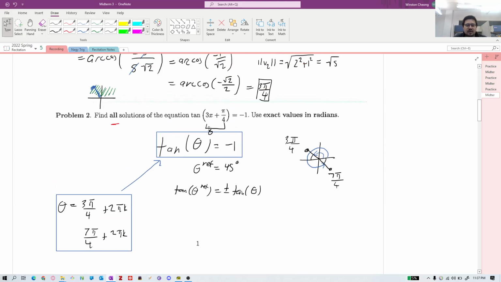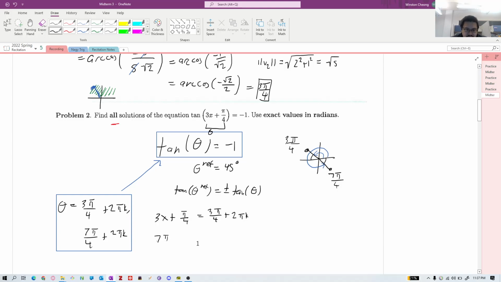So now we bring back x into our problem, okay? So we had assigned theta equals this expression. Now let's substitute it back in at this point. So 3x plus pi over 4 is equal to 3 pi over 4 plus 2 pi k, and also we can use the other set of solutions.